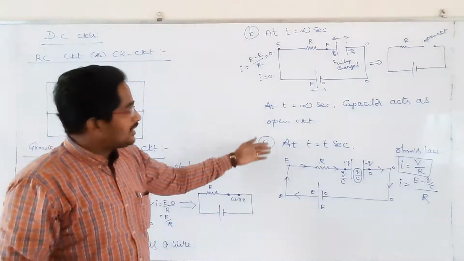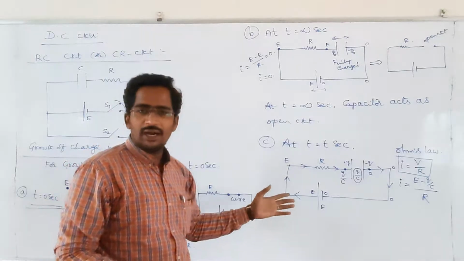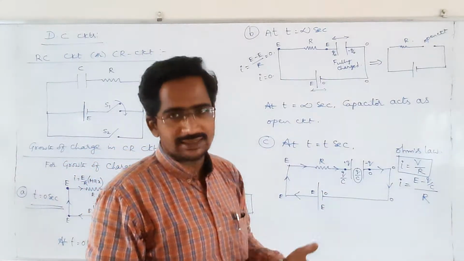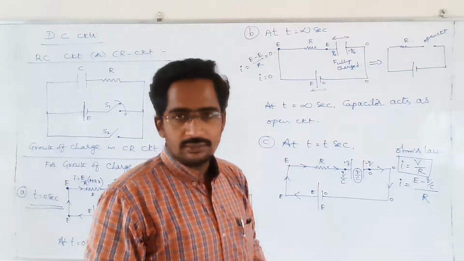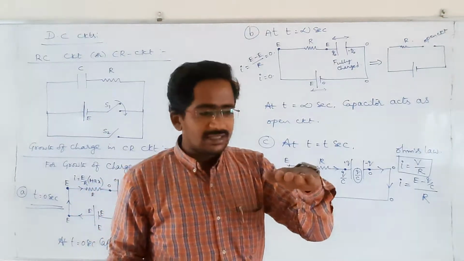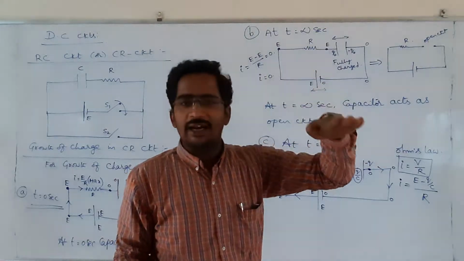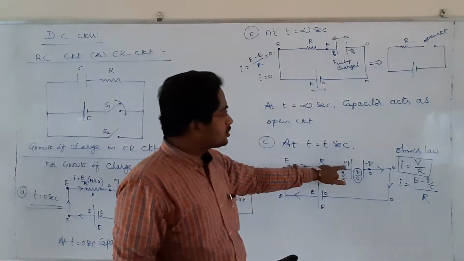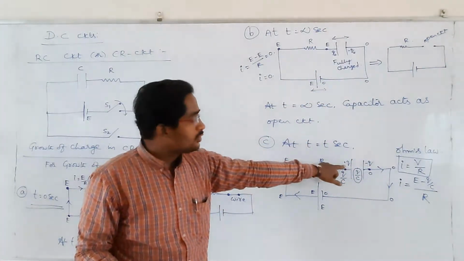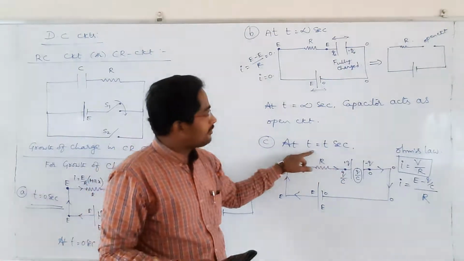Anyhow, in the midway, during the charging process, at a particular time between the initial and final, what is the charge stored here? Q. That Q value I want to get.